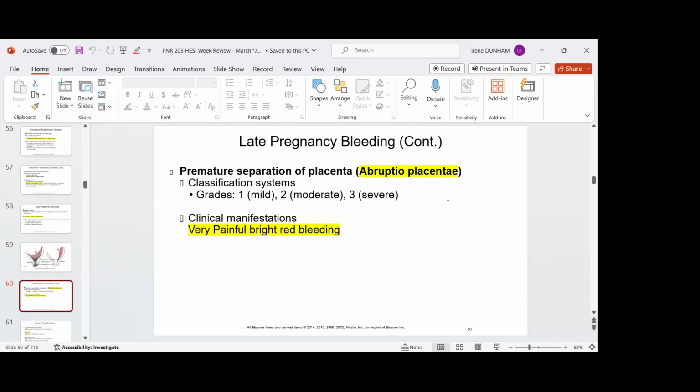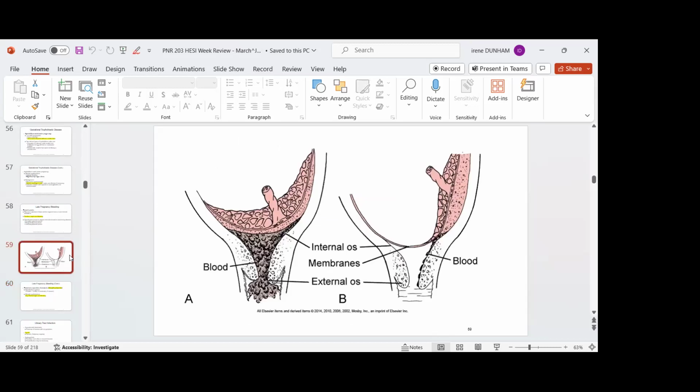Anything abruption would be painful. And it's darker red because the bleeding was higher up. It was higher up than it was low. Okay, with the placenta previa, it's low, so this is bright red. Placental abruption is higher up, and therefore it's dark red.